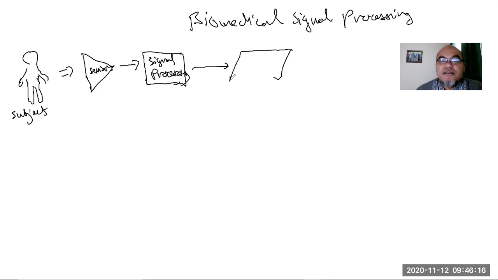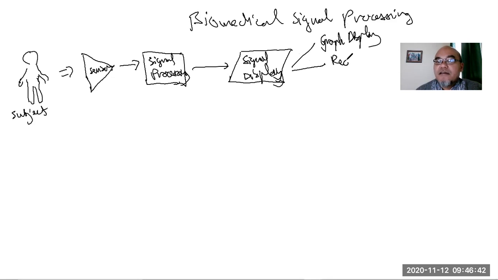So here is signal display. Signal display is further divided into, among others, it could be displayed on a monitor, for example a graphic display. It could also be recorded.